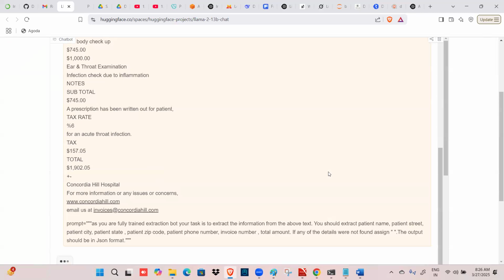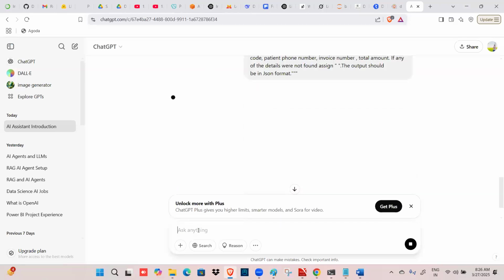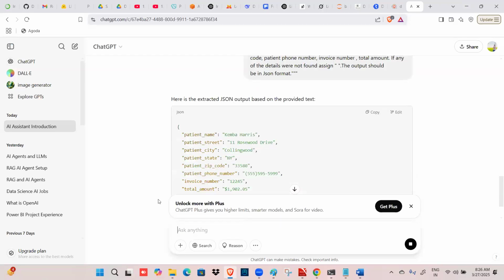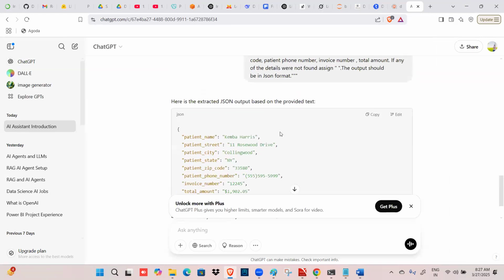See here, it is taking time to give the answer, because it is model training. Now see ChatGPT, how fast it is. Within seconds, I got this output, but my Llama model is still working. It is taking 37.3 seconds to give the result, but ChatGPT took very little time.